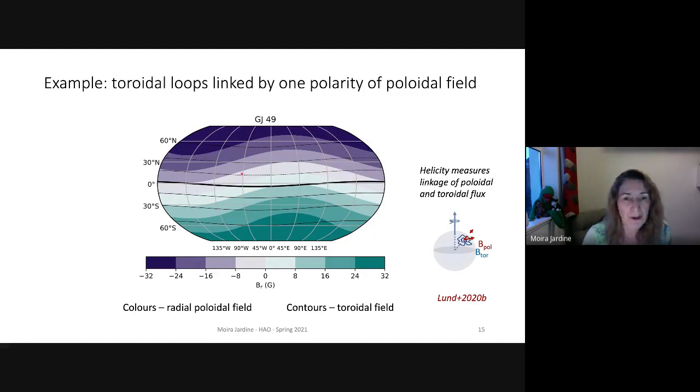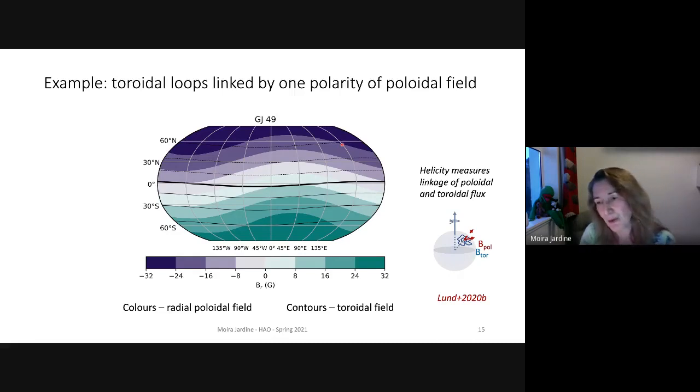The contours are toroidal field lines, and the dashed and the solid are different polarities, and the color is telling you about the strength of the radial component of the poloidal field. What matters here is that you can see that the purple color lies within contours. So most of the poloidal field lines are coming through toroidal loops. They are very well aligned.